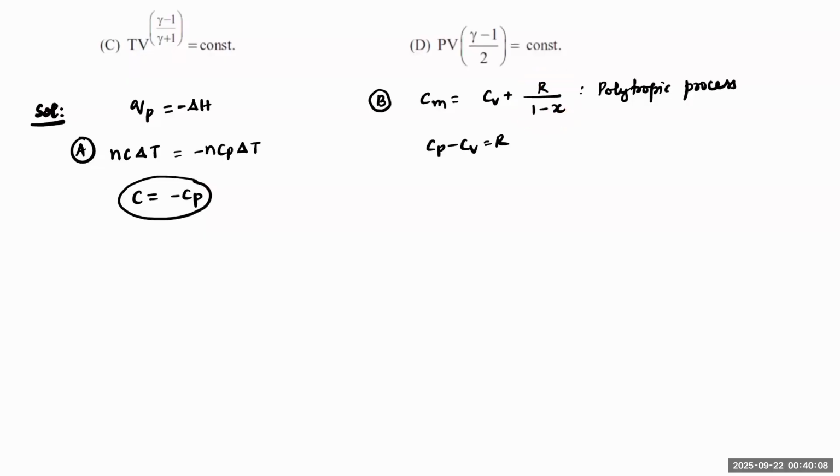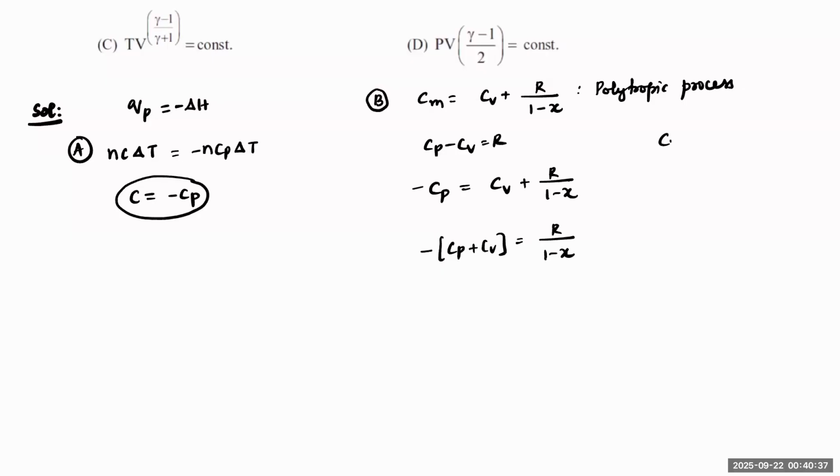So we know that Cm is given as minus Cp. Minus Cp is equal to Cv plus R by 1 minus X. Okay, and if I take this Cv to the other side, I will get minus of Cp plus Cv is equal to R by 1 minus X. Got it?